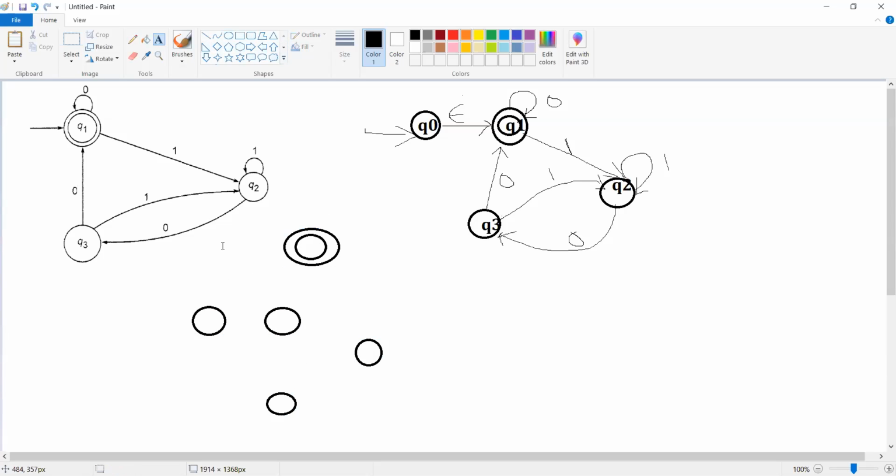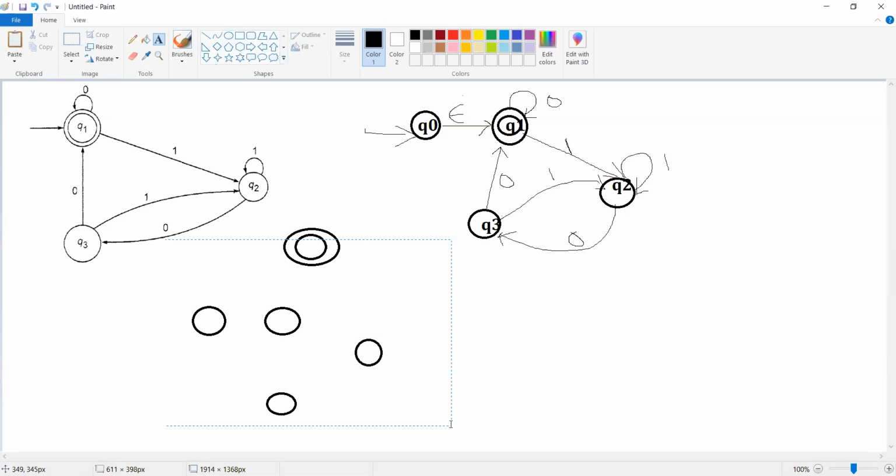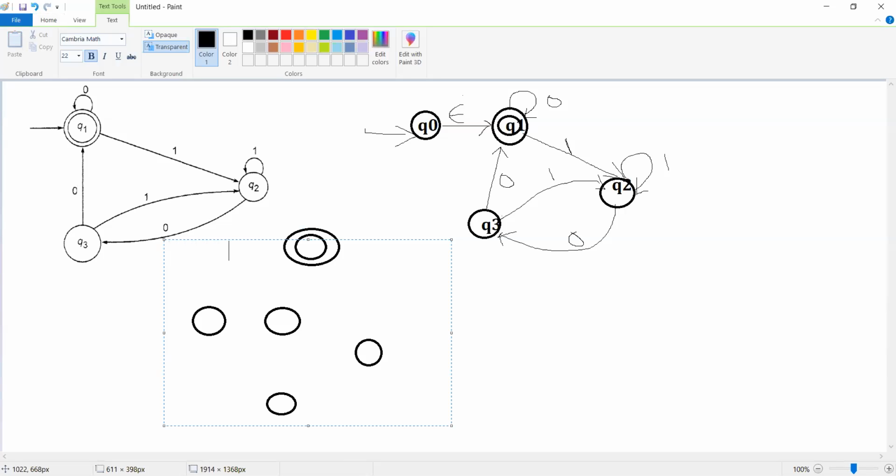Okay, so let us give the names for all these states. Here we have a new initial state Q0, and this is our old initial state Q1, and these are our intermediate states.